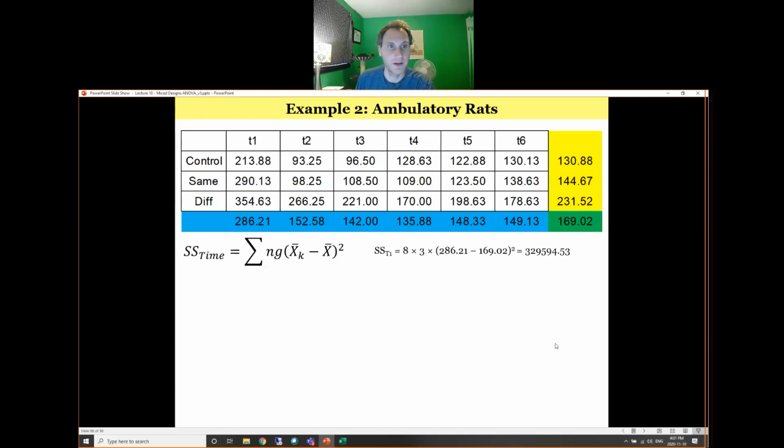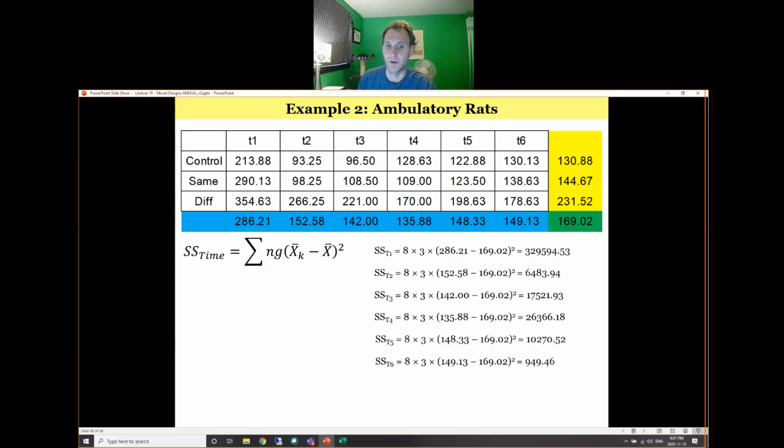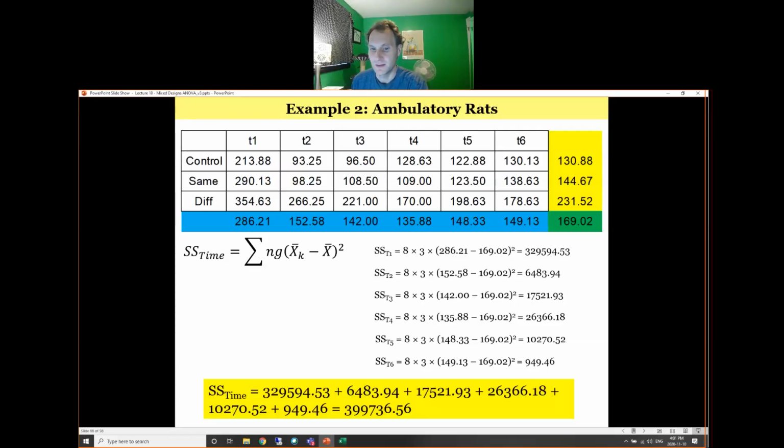For time 1, I have my mean of 286.21 minus the grand mean of 169.02, squared, times 8 rats times 3 groups. I can do that for time 2, time 3, time 4, all the way to time 6. Taking the sum, I get the sums of squares time.